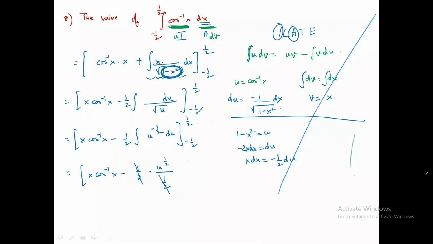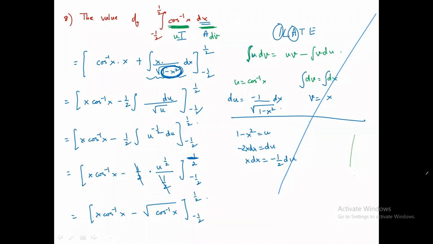This half and half will cancel. Bounds are minus 1 by 2 to 1 by 2. So I can write finally x cos inverse x minus square root of u, minus half to half.